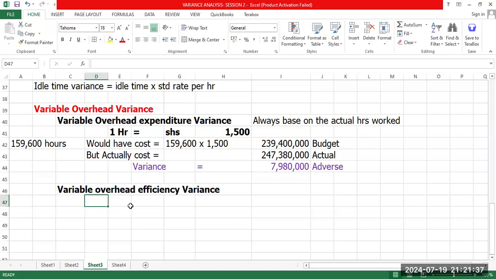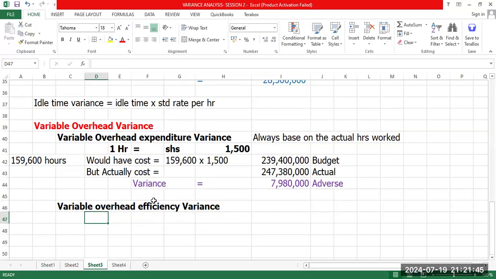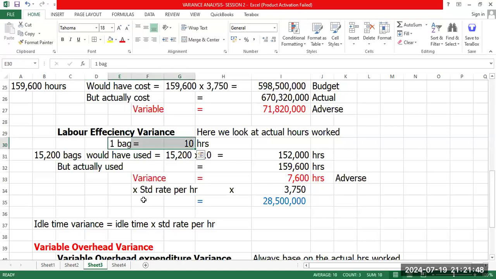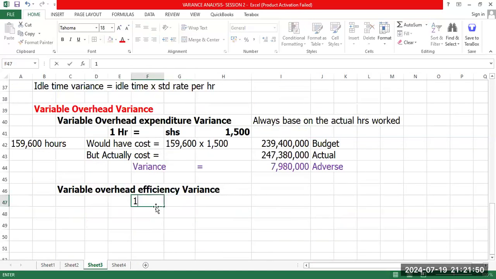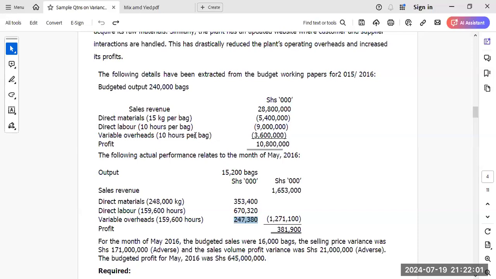So efficiency, you're looking at how efficient are you in terms of completing the task, like the way we stated here. One bag, you are planning to use how many hours related to efficiency? It is also 10, if it is not given or is not the same as this one, 10 hours.